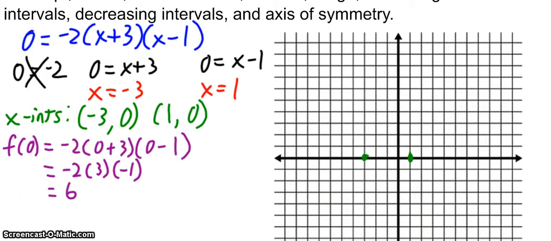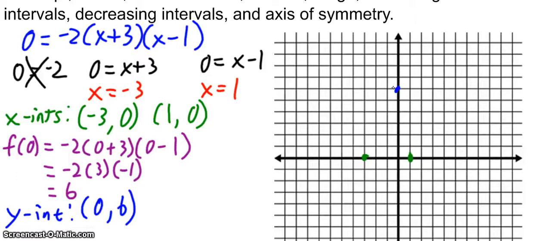So therefore I know my y-intercept is going to be the point 6, comma 0. I'm sorry, I miswrote that. 0, comma 6. It's a y-intercept. So my y-intercept is going to be there.